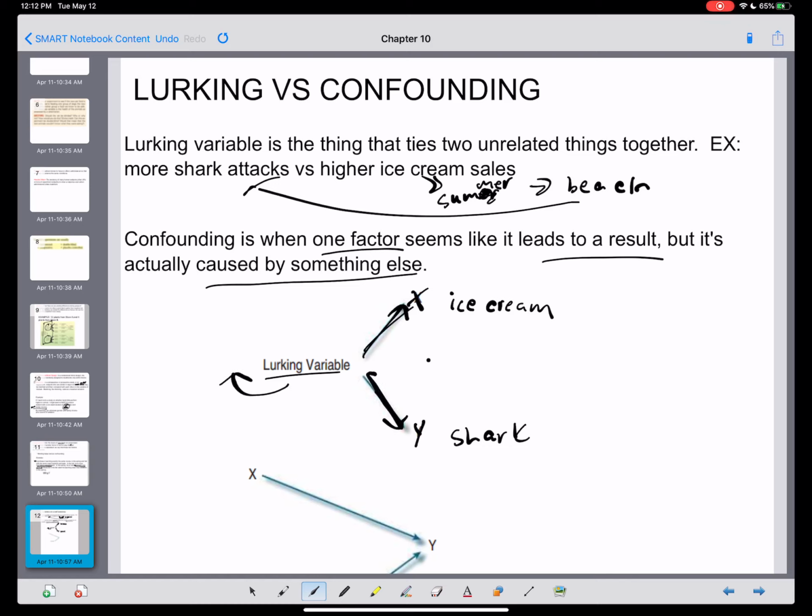It's the beaches. More people go to the beach, or let's say summer. That's the lurking variable there. People eat more ice cream in the summer, and people go to the beach more in the summer, so it matches together. Confounding is one thing that seems to lead to another, but it's actually caused by something else.